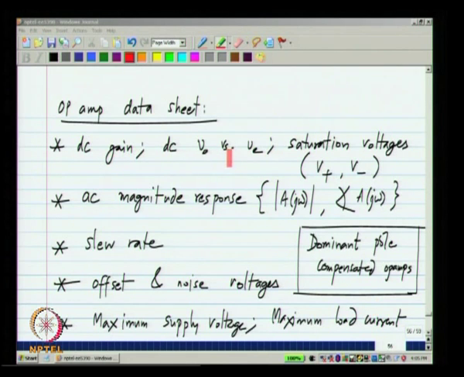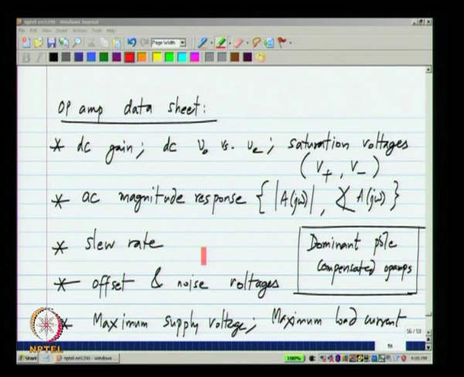You have the DC gain and saturation voltages, AC magnitude response, which also gives you the phase margin for unity gain. You can also calculate the phase margin for other values of gain by appropriately lowering the magnitude plot.